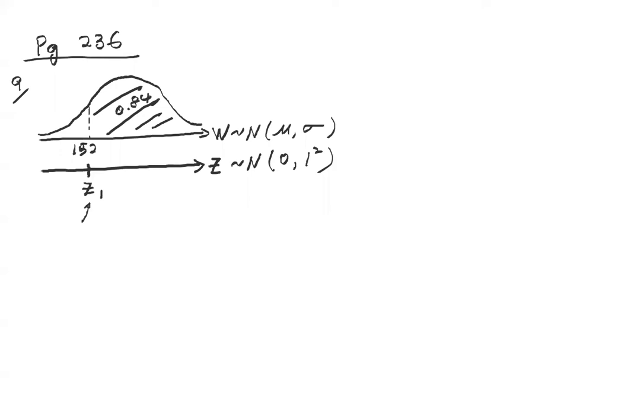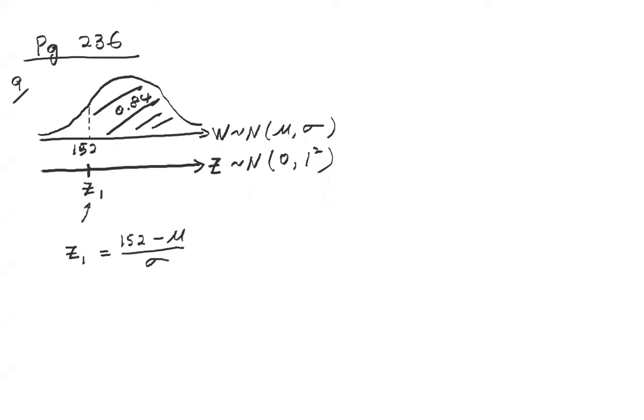I write down the equation first. Z1 is equal to 152 minus the mean, divided by the standard deviation, correct? Am I right?